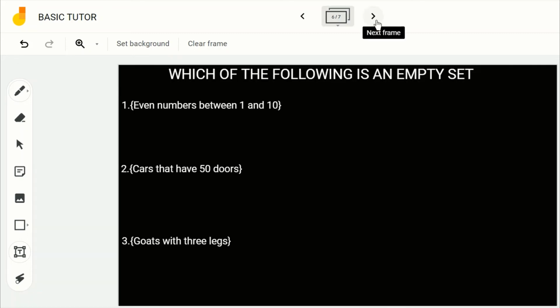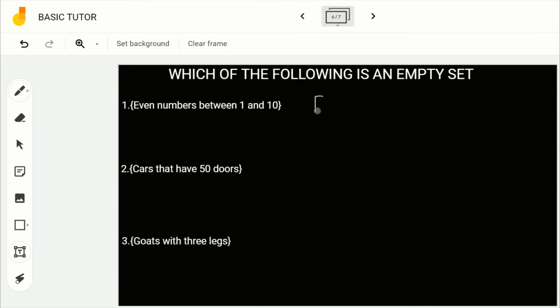All right, now we are given a question again. It says, which of the following is an empty set? Now remember that an empty set is a set without elements or members. So a set that has no member is called an empty set. Now the first option here is even numbers between 1 and 10.